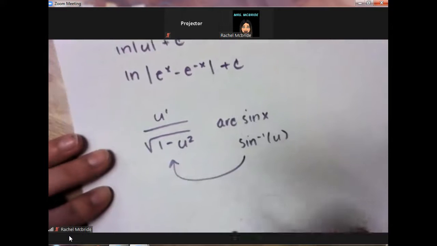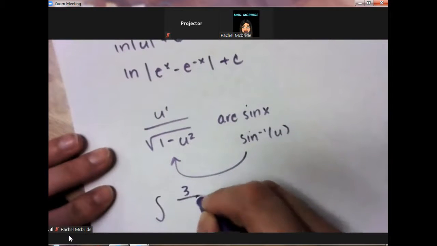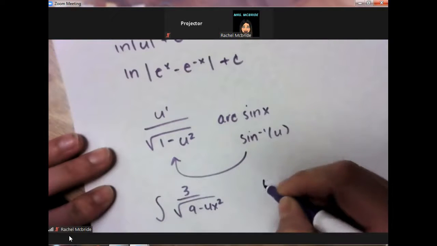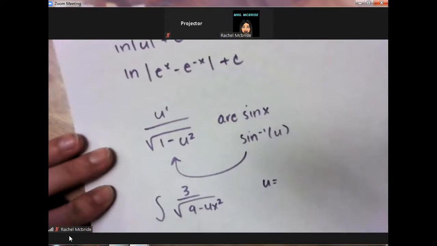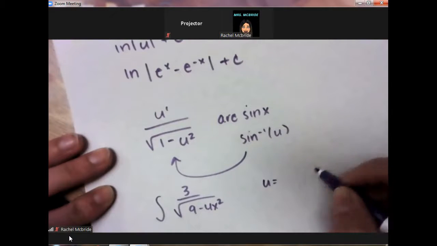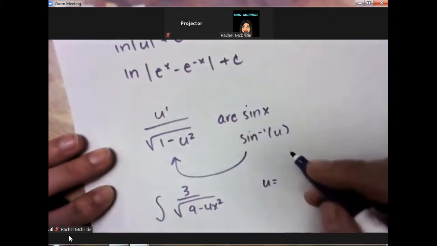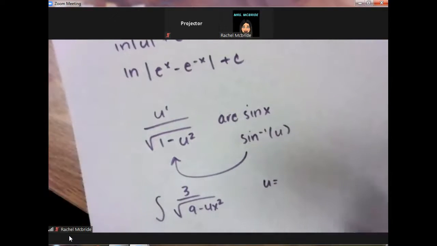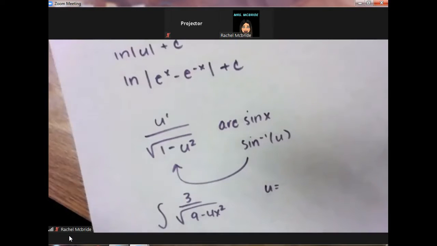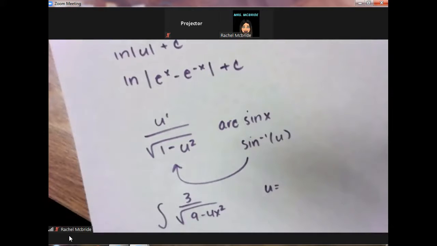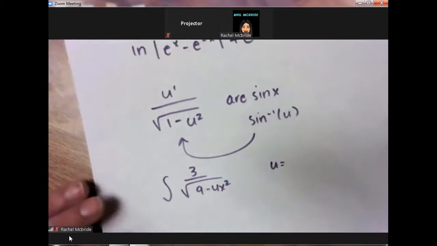If you look at that one integral, it's 3 over the square root of 9 minus 4x squared. Your u prime is 3. So your u squared is your 4x squared, and it all manipulates down into it. So just something to keep in mind.